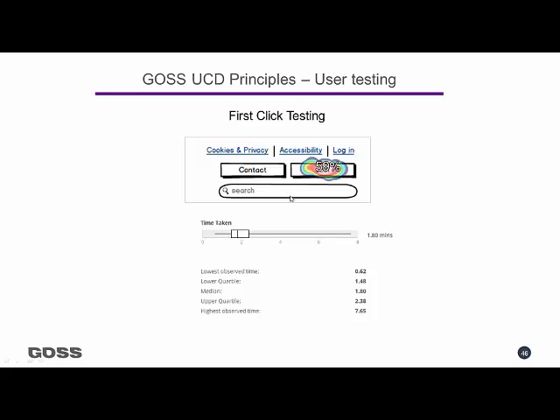If we ask the candidates to look for a particular item on the screen and time how long it takes for them to find that item, we also look at how many people clicked in one place if there were two options, just to see which option they went for and what time it took for them to get there. This first click testing allows us to see how the user interface performs on first impression.